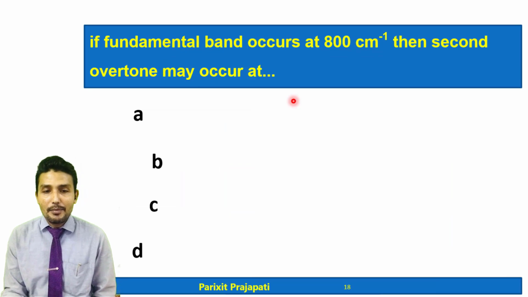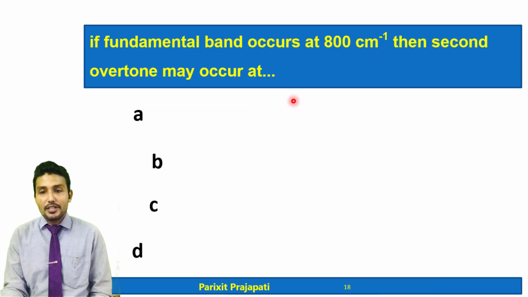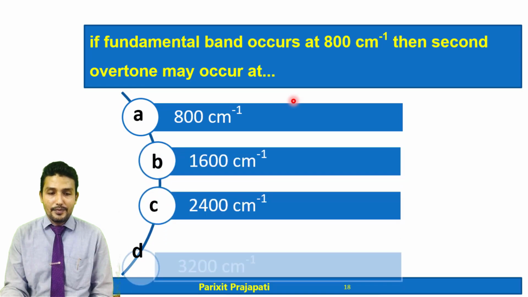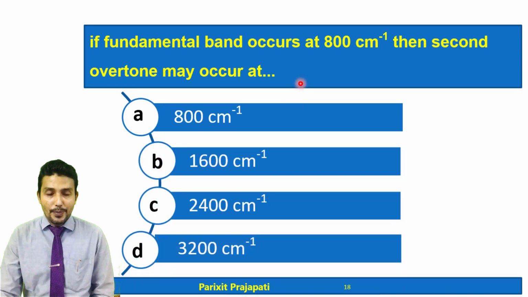If the fundamental band occurs at 800 centimeter inverse, then the second overtone may occur at? The fundamental occurs at 800, that means nu 0 to nu 1 is 800. Nu 0 to nu 2 is the first overtone, that will be 1600.